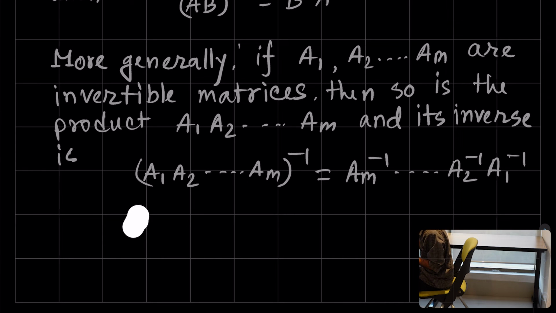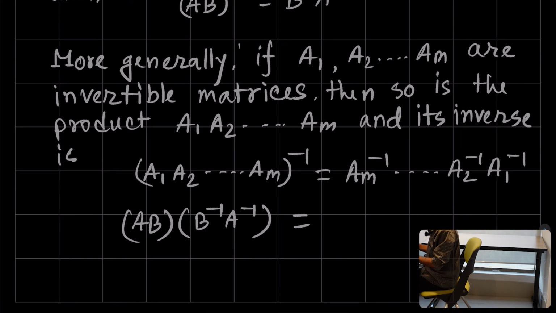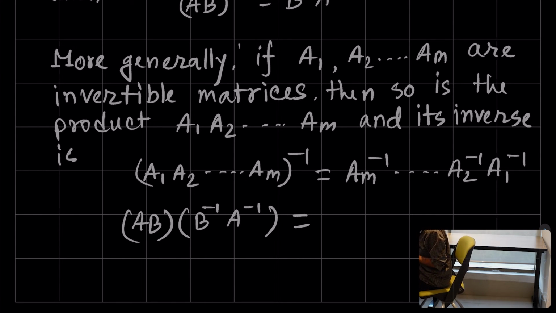If I multiply AB with B inverse A inverse, then I can use the associative law again, and this is equal to A with B B inverse times A inverse, right?